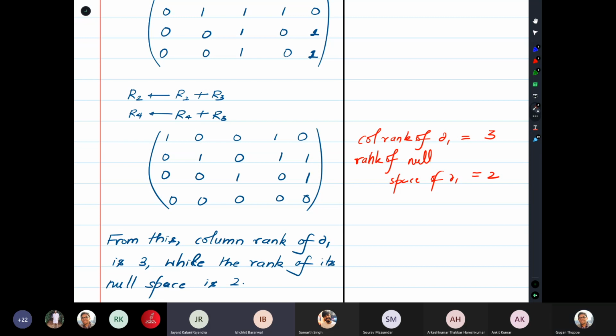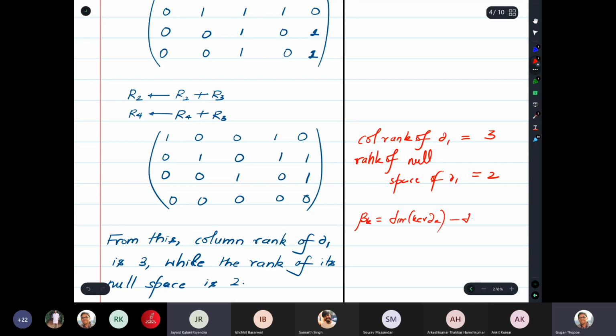Yes. So why do we say here column rank of ∂1 instead of rank of ∂1? We can say that; I'm just being explicit because we are interested in looking at the image. So if you recall the definition of beta k, beta k is the dimension of kernel of ∂k minus dimension of image of ∂k+1.